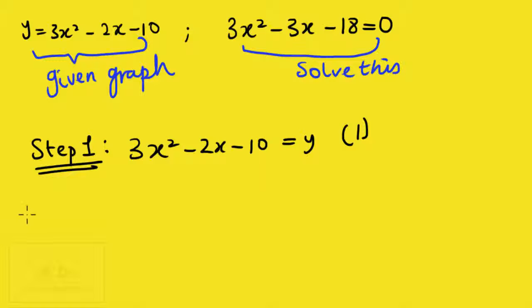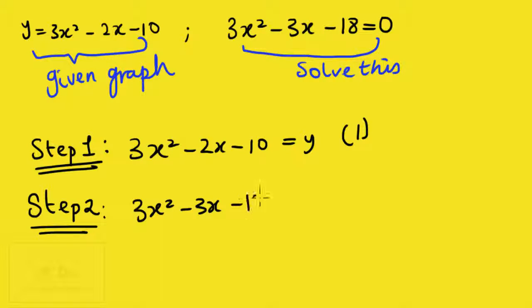We're almost there. Step 2 says take the equation required to solve, which is 3x squared minus 3x minus 18 equals 0, and rewrite this equation so that its left hand side, which involves all the x terms, is the same thing as the left hand side of equation 1. So how can you do that?